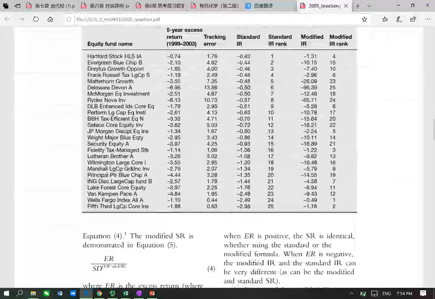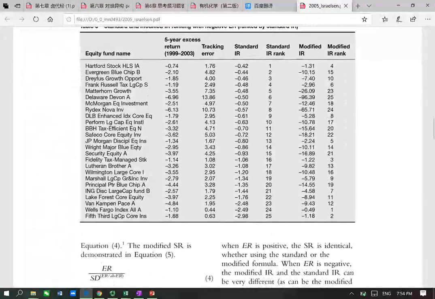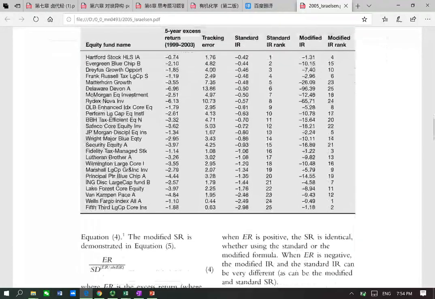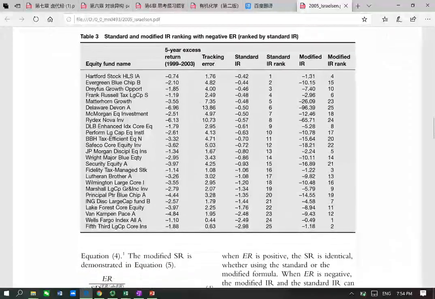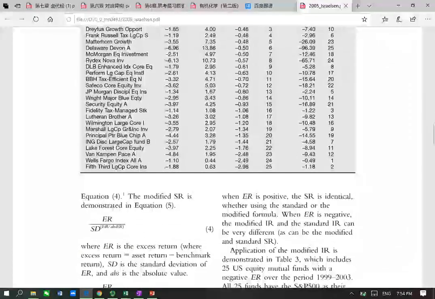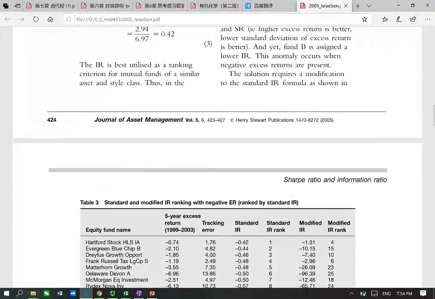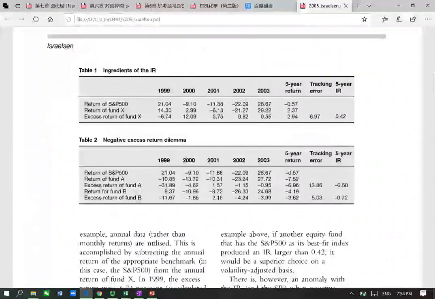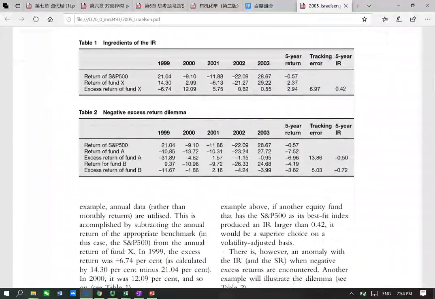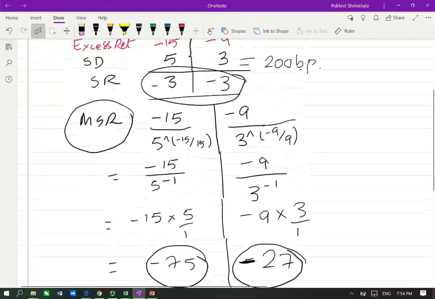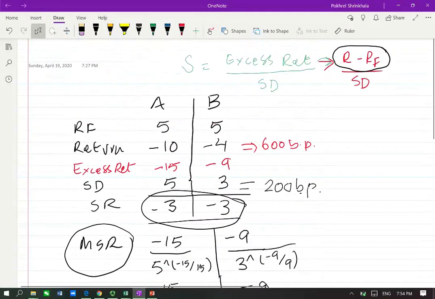What I will also do, when I get time, I'll also be providing numerical illustration in Excel using this particular table, and so more exercises on modified Sharpe ratio will follow soon, wherein I will be using Microsoft Excel to illustrate the usefulness of modified Sharpe ratio.